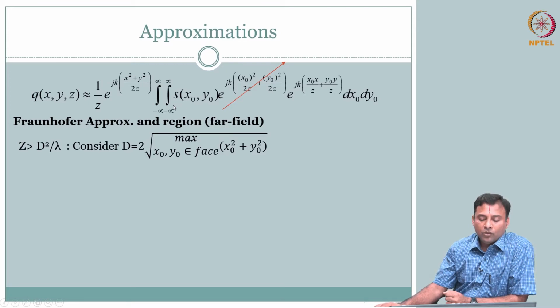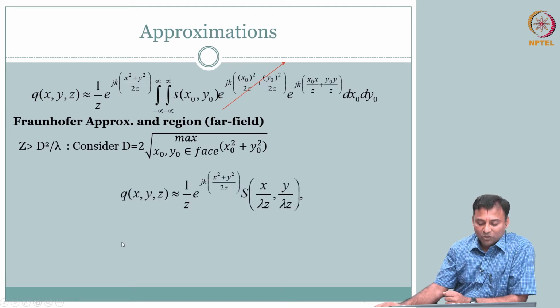What we have done is, f of x comma y exponential of j 2 pi of ux plus vy dx dy. What was that? Your Fourier transform, the 2D Fourier transform. So this is nothing but a 2D Fourier transform of this guy. That's what this is.